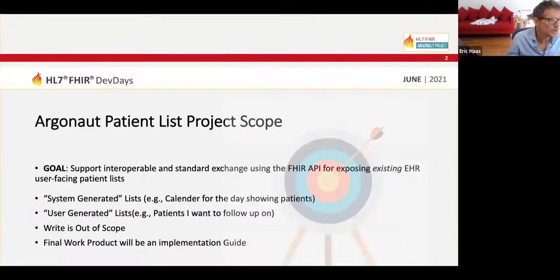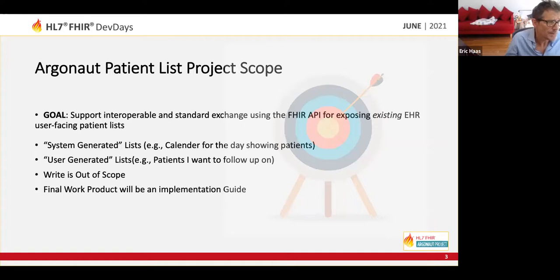So the goal of the Argonaut Patient List Project was to support an interoperable and standard way to use the FHIR API for exposing existing user-facing patient lists. We spent a couple months going over scope. Everybody coming into this project said, patient lists, oh, I have all these ideas for patient lists, but we had to scope it down. We went through a survey and invited all our participants to bring in what they already supported in their EHRs and applications.